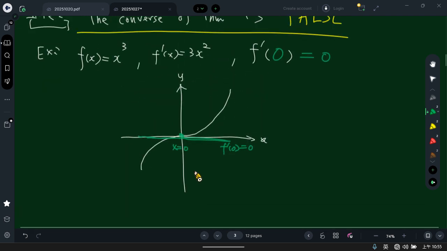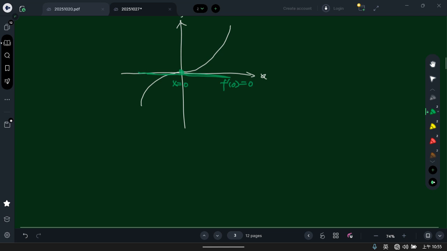So then, to conclude this theorem, we can get some strategy.